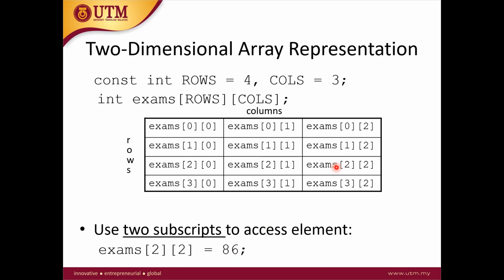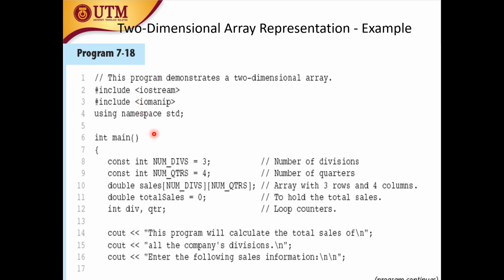This is very important. These are the basics of two-dimensional arrays. Look, in this program we are demonstrating a two-dimensional array in an example. The number of divisions is 3, and the number of quarters is 4.